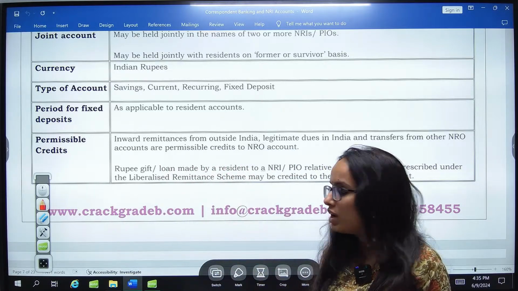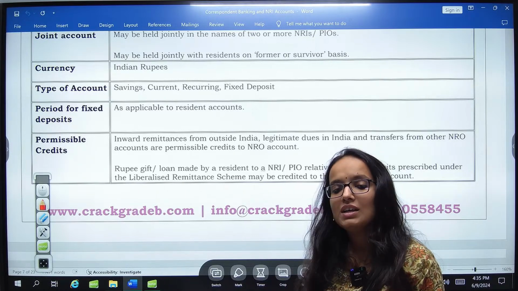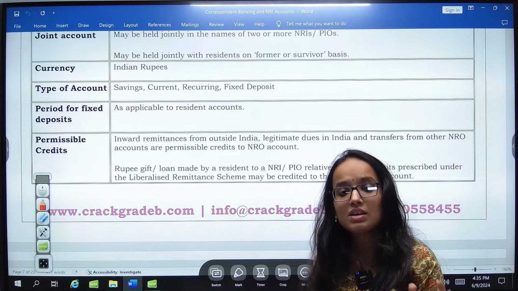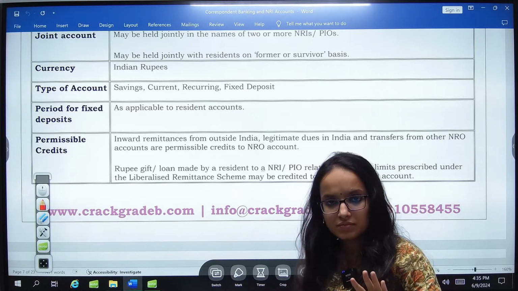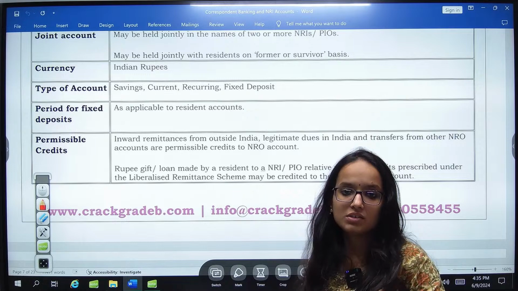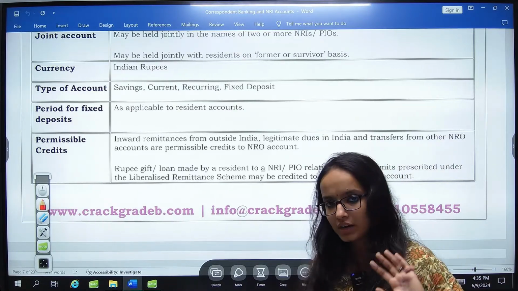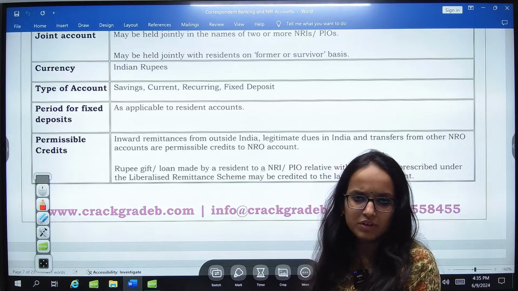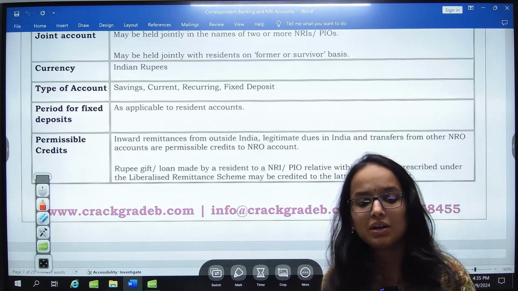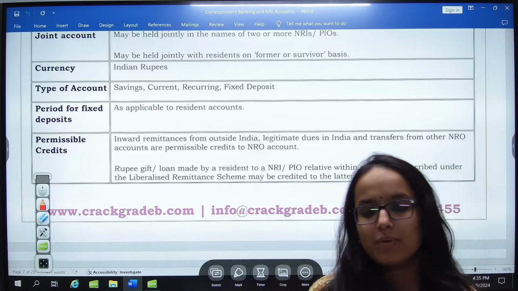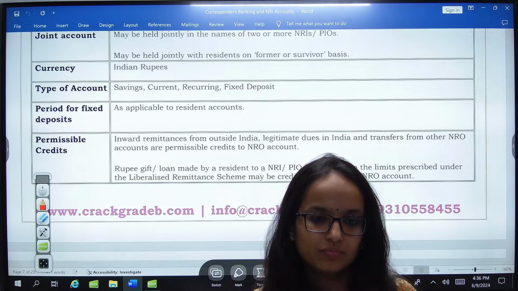As I told you, the LRS is the scheme launched by RBI. It deals with remittances and gave a limit of 2,50,000 US dollars per financial year, which can be sent as outward remittance from India. There are several other provisions like that. The prescribed limit and all the guidelines issued by RBI and the authorities have to be adhered to.